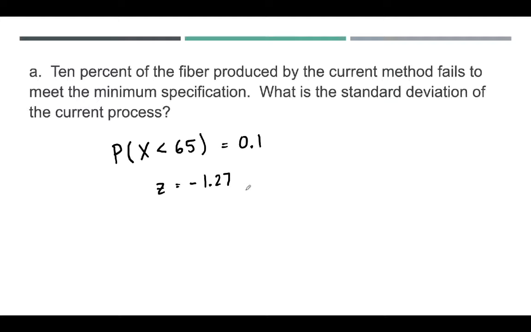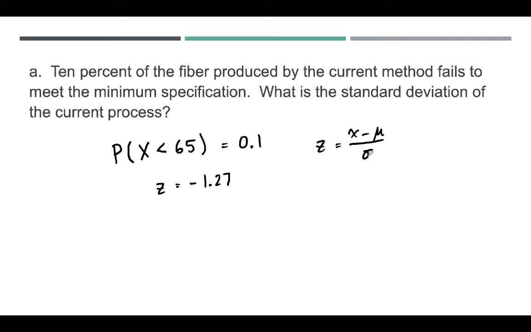Okay, so we have some information about what our z-score is going to be. What is the standard deviation of the current process? They didn't tell us the standard deviation. They did tell us the mean, and we figured out what z has to be for 10% of these things being below 65. So we're going to use this formula again and plug in what we know.